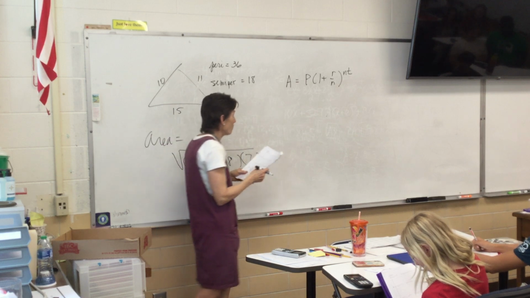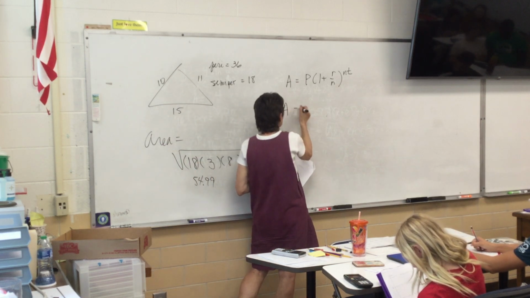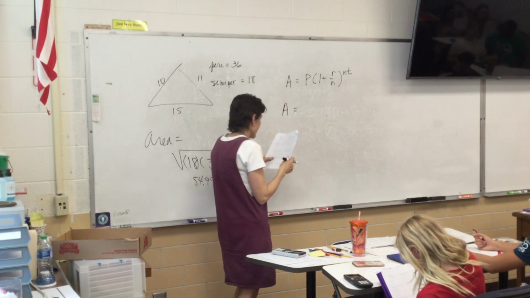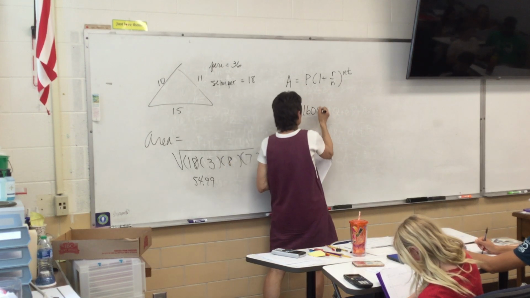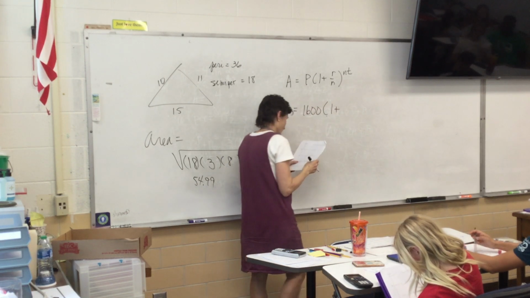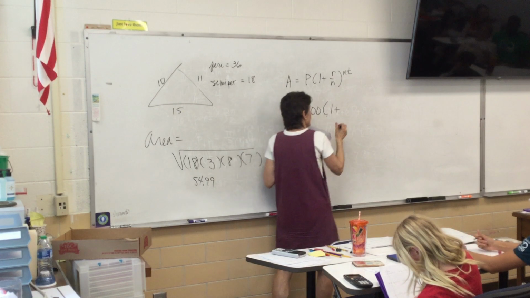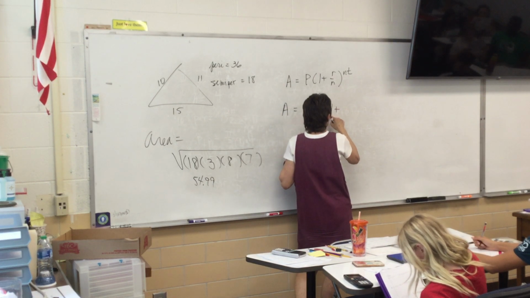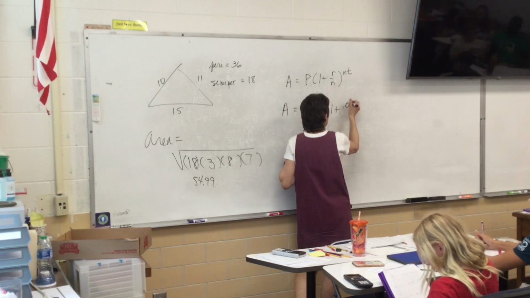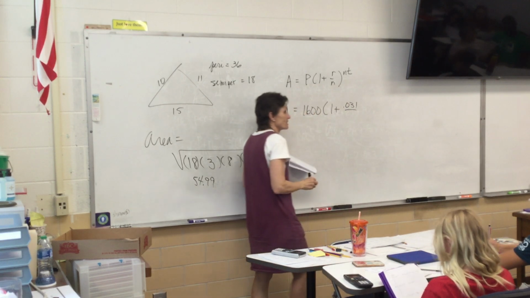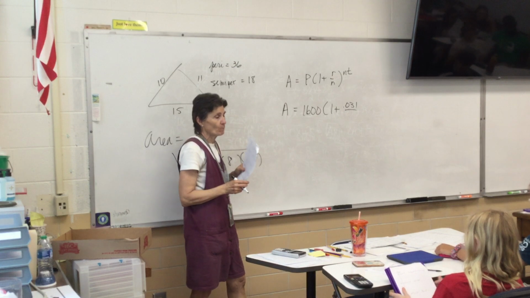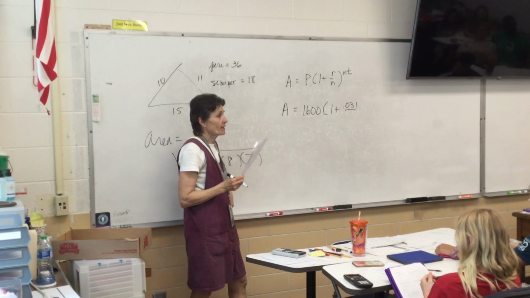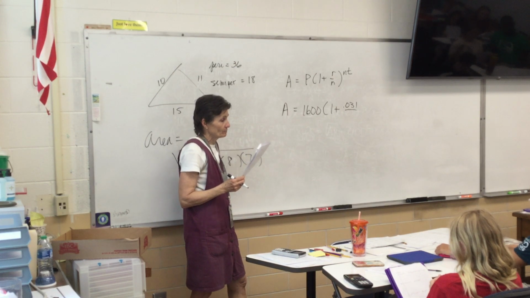Here we go. How much will I have in my account if I deposit $1,600 at an interest rate of 3.1%? Please remember, no matter what formula you're doing, when you put a percent into a formula, it must go in as a decimal.